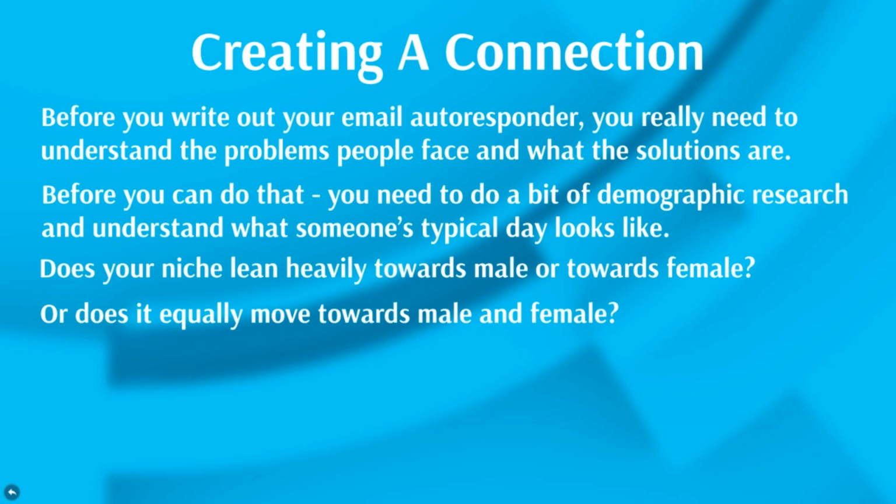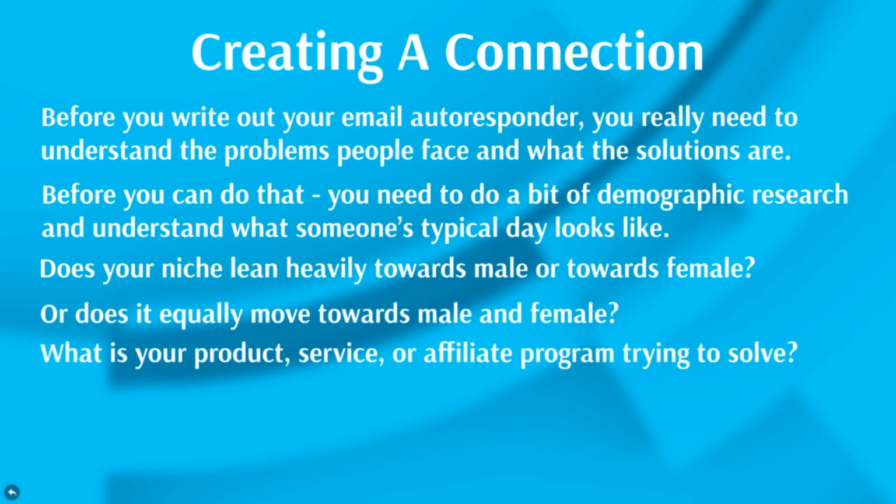But even at 75%, you're kind of moving towards 50%, where it's both male and female. But if it's heavily towards males or heavily towards females, 80% or above, or 90% or above, then you want to jot that down. The next question is, what is your product or service or affiliate program trying to solve?